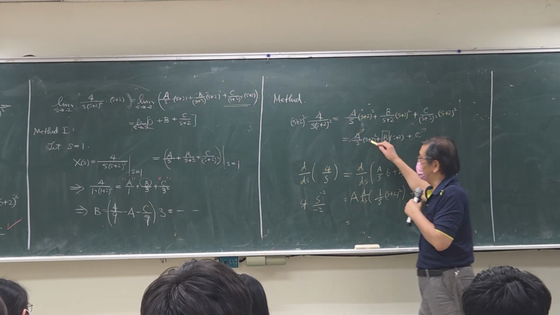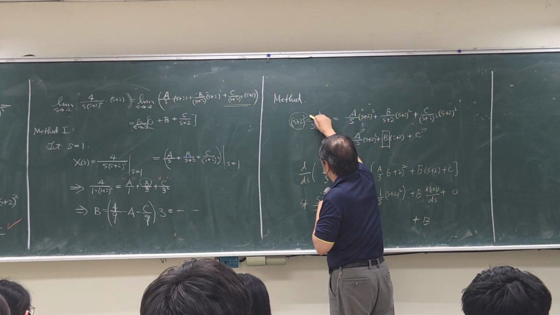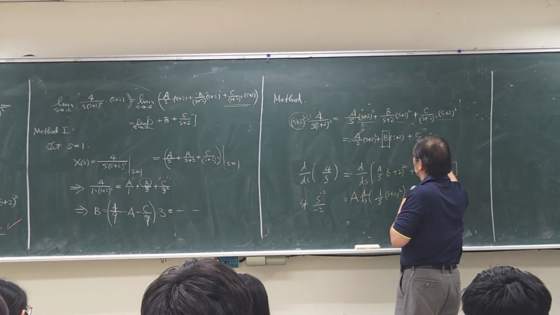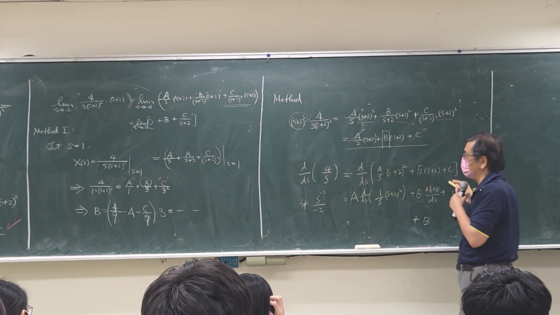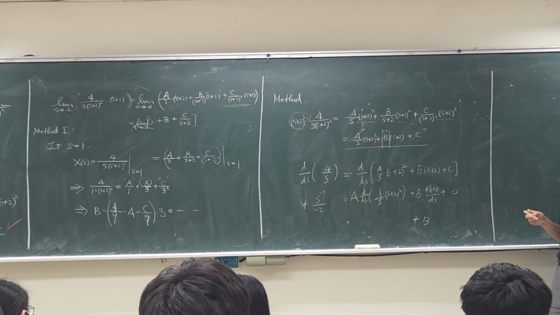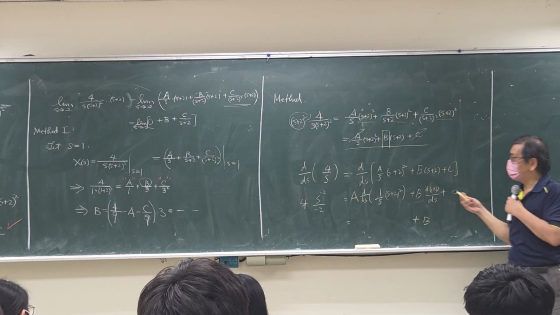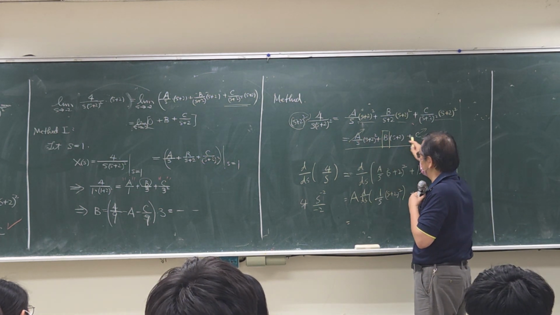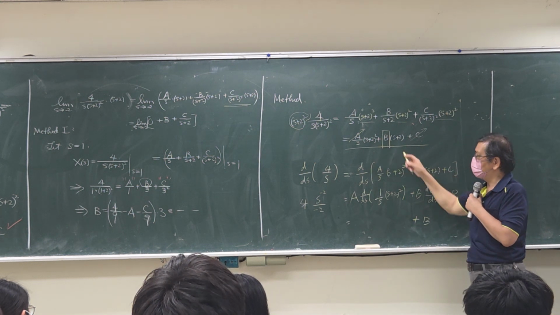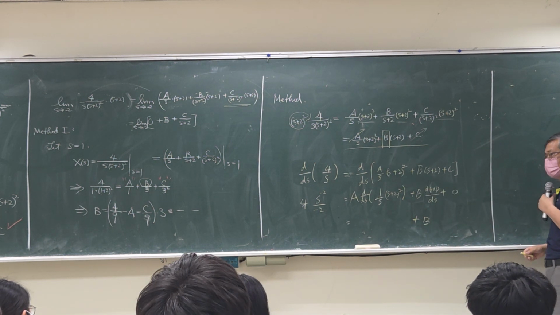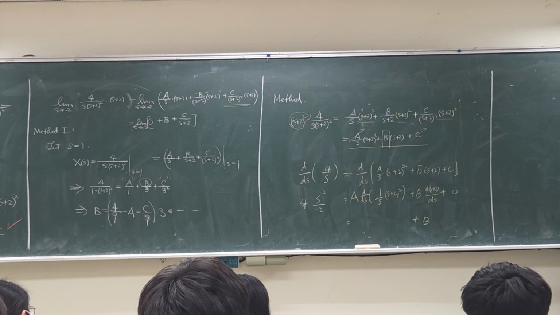Okay, now here is the idea proposed by your classmate. We multiply the entire quantity by (s plus 2) squared. Then we have this on the left side and the right-hand side. How do I eliminate the coefficients A and C, and leave the B intact and unaffected?